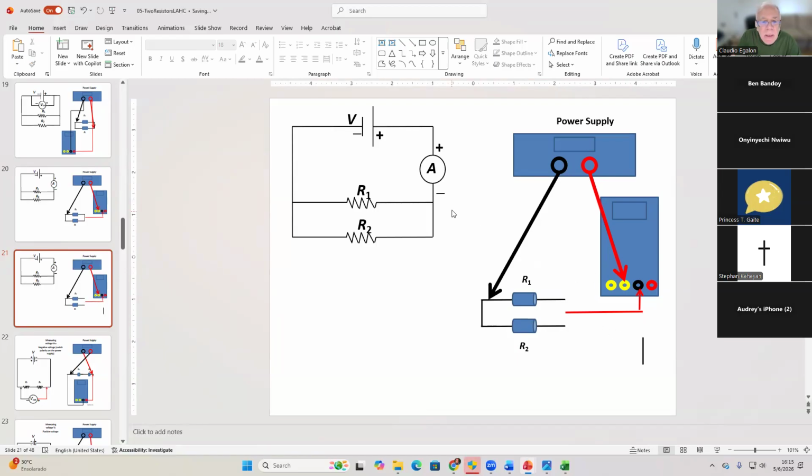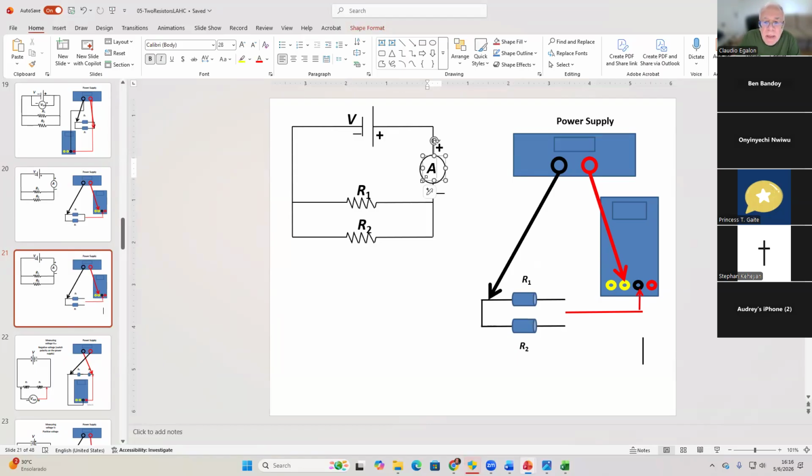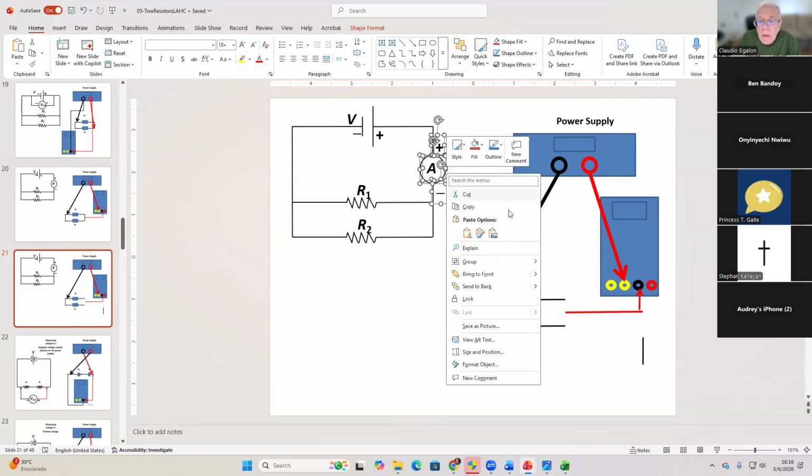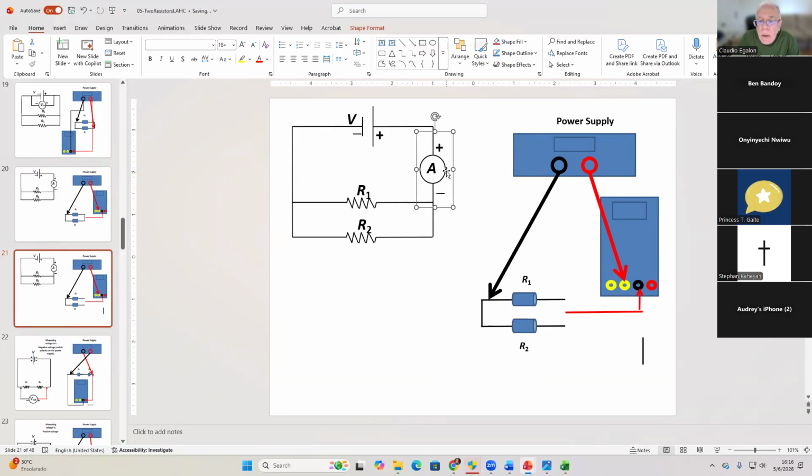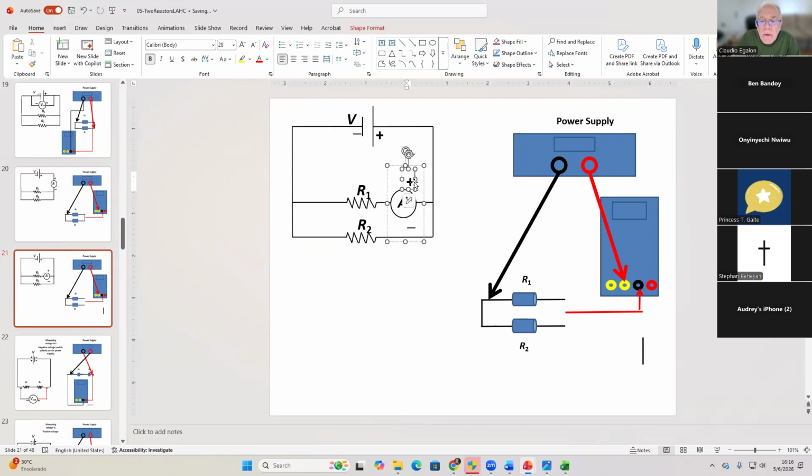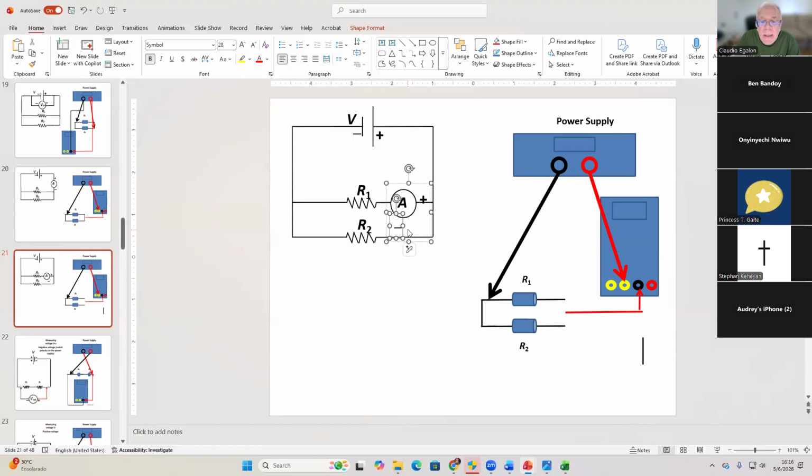The ammeter is going to be placed right in here. The only difference is this positive is going to be here, right? The negative is going to be right here.